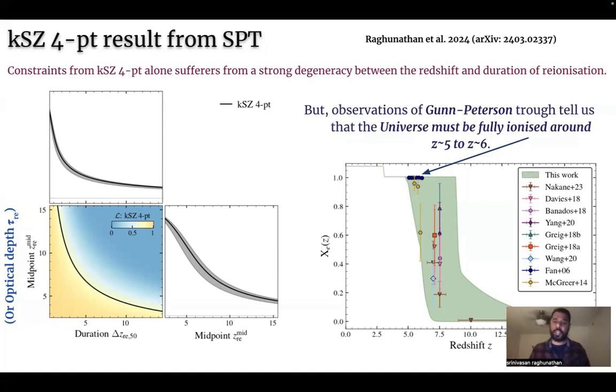This is called the Gunn-Peterson trough, which I'm showing here in the blue points. I'm also plotting all the other high redshift measurements of Lyman alpha forests and quasars here. The green band is the kSZ-only limit that we came up with from this paper. So we do know that the universe reionized around redshift 5 or 6, fully ionized.